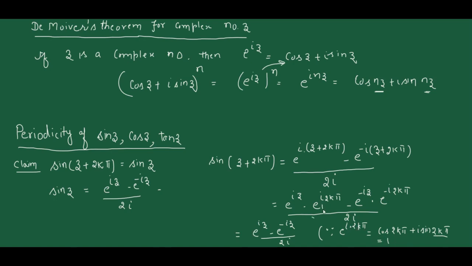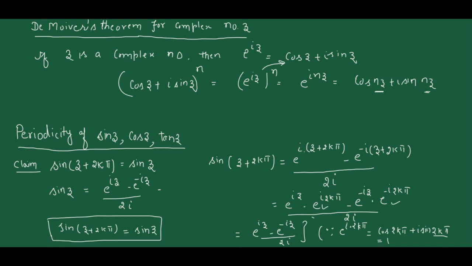So this quantity is 1, this quantity is 1, so we are left with this expression. So it means, what can you say now? z plus 2k pi will give you the value same as sine z. So it means sine is a periodic function of period 2k pi.